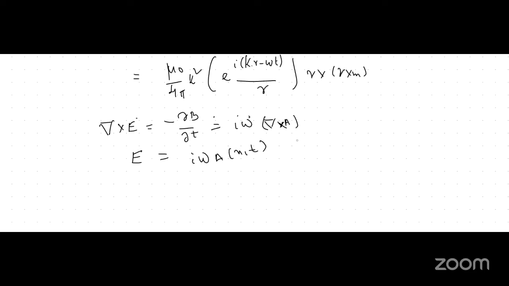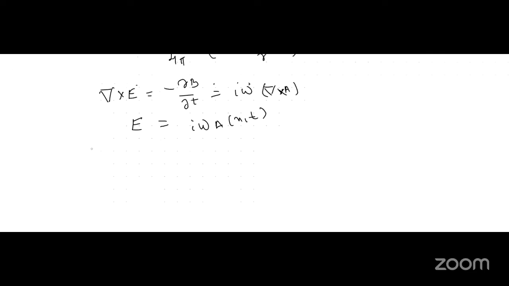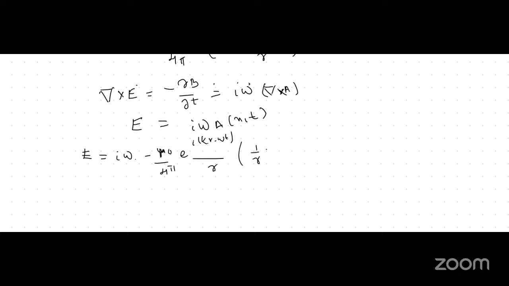If you substitute the vector potential, you get E is equal to i omega into minus mu naught by 4 pi, the exponential of i(k dot r minus omega t) by r, into 1 by r minus i k, into r cross m.